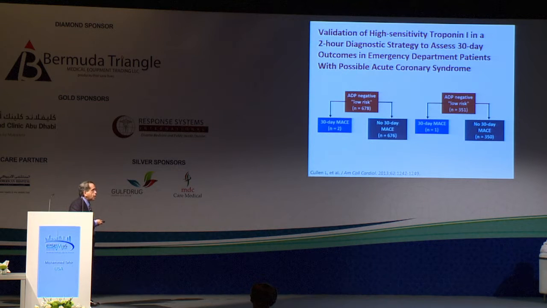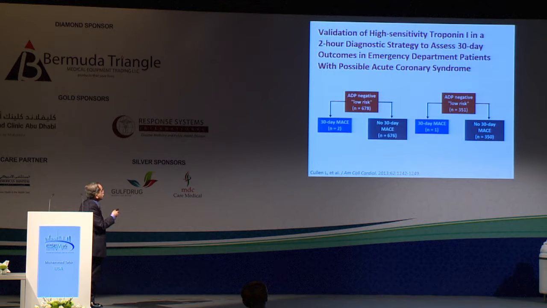So the gist of the thing is that the high sensitivity troponin, they looked at it, and MACE, we're talking about all-cause mortality, myocardial infarction, and coronary revascularization is MACE.